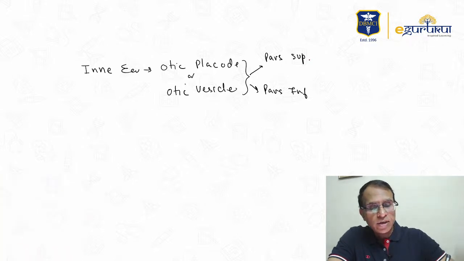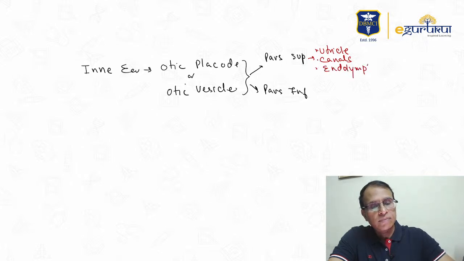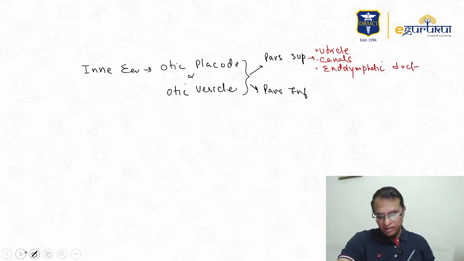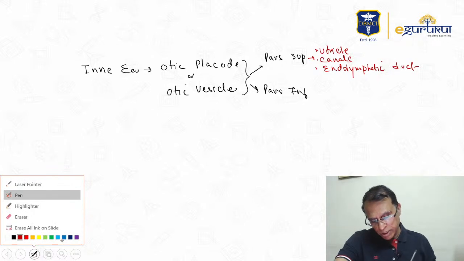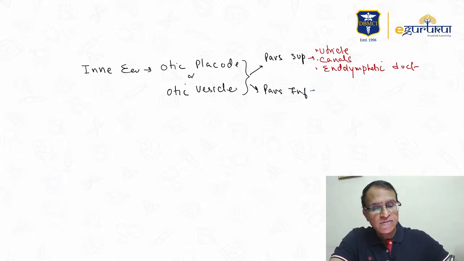Pars superior gives rise to the utricle, canals, meaning semicircular canals, and the endolymphatic duct. These are the 3 things that develop from the pars superior, and pars inferior gives rise to the cochlea and saccule.